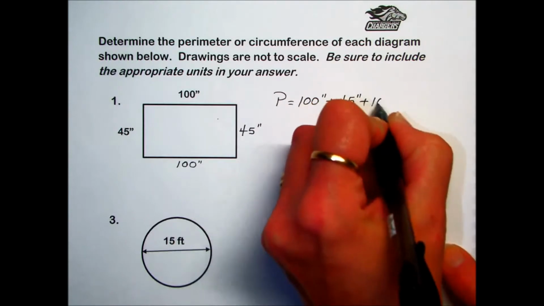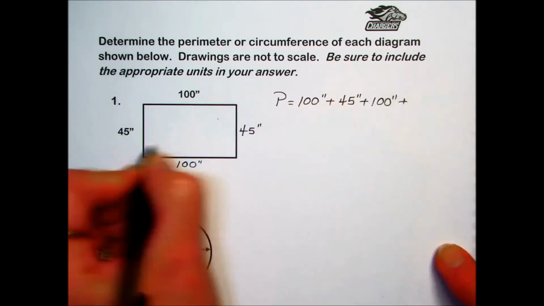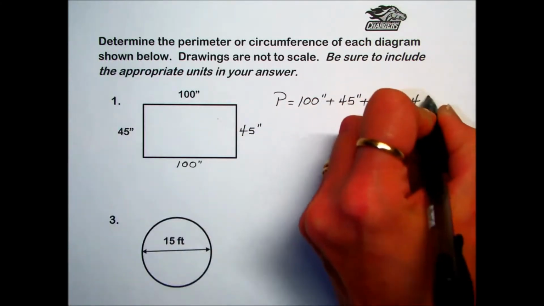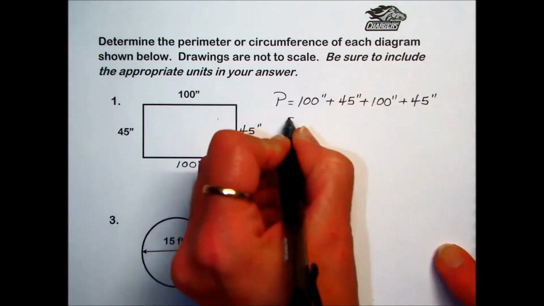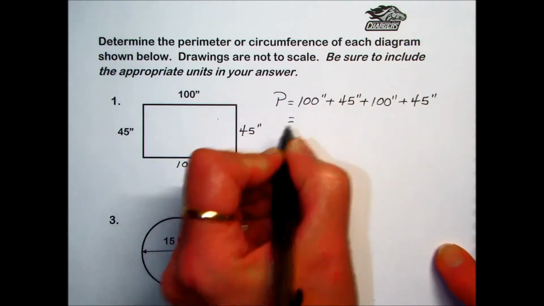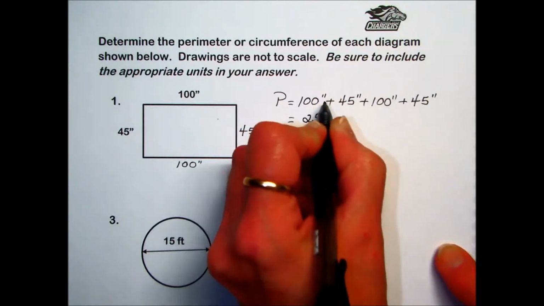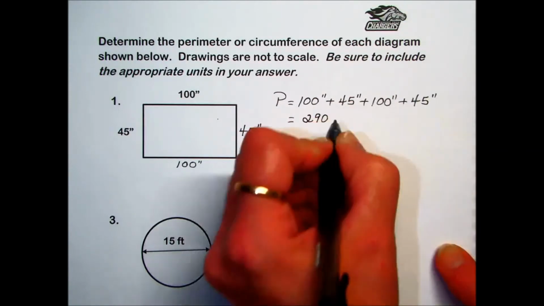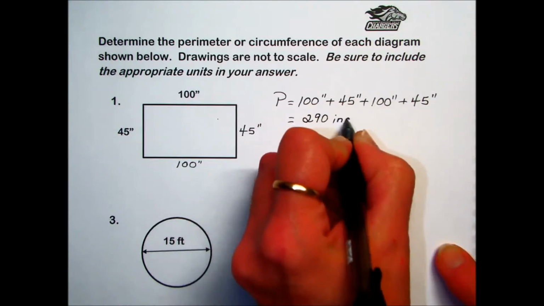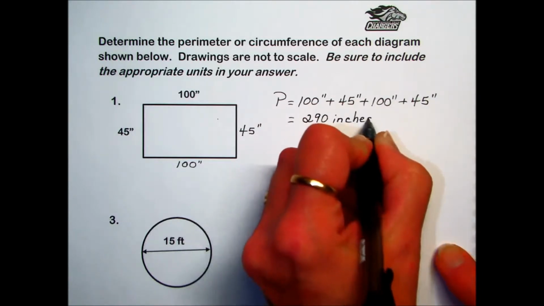Across the bottom would be another 100, and on the left-hand side 45 inches. The distance around then, or the perimeter for this rectangle, is 290. We added inches, inches, inches, inches. Our units will be in inches as well.